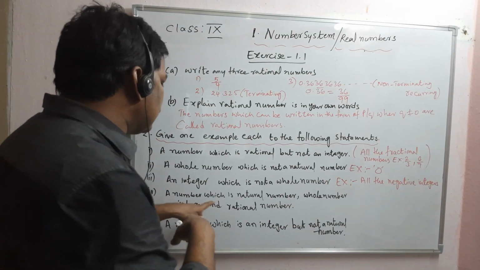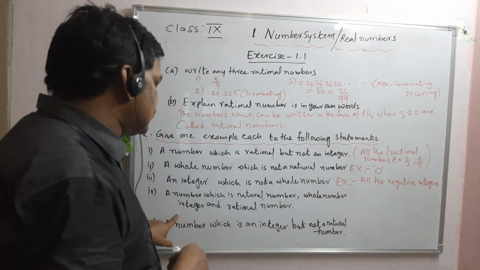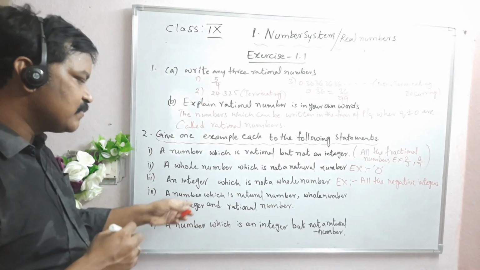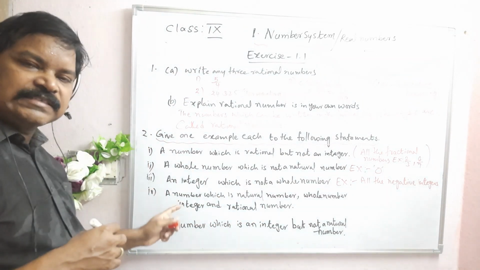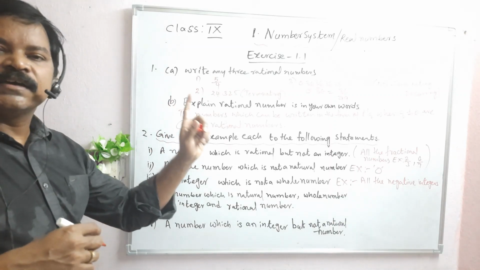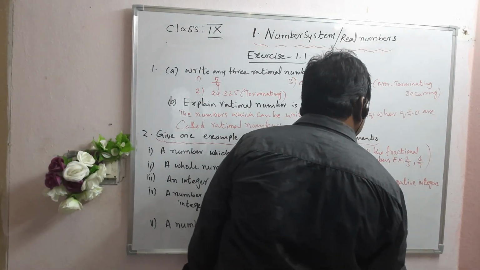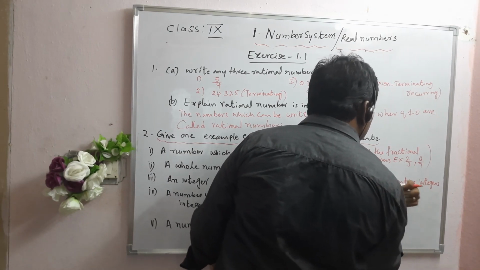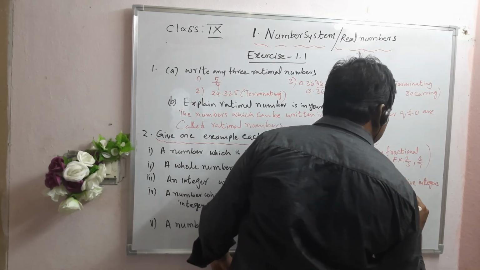Next, a number which is a natural number, whole number, integer and rational number. Understand? Example, all the set of natural numbers.